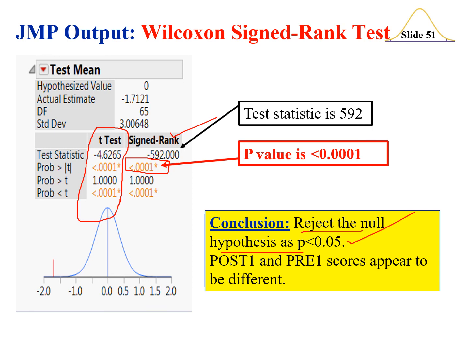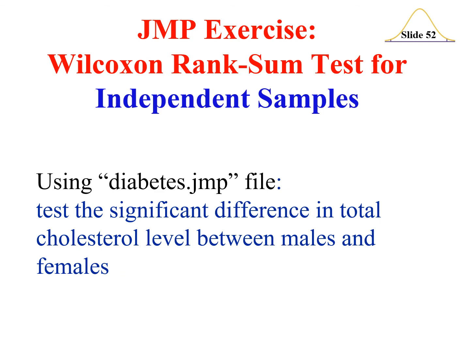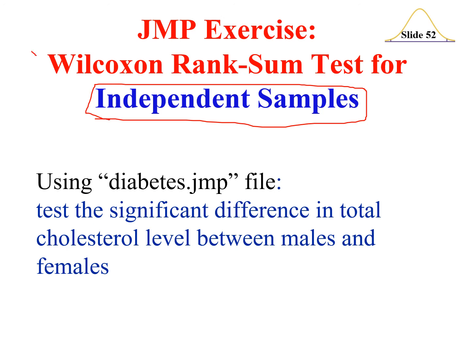The second exercise is about independent samples, and be careful: the test is called the Wilcoxon rank sum test in this case. Okay, we have a file of diabetes, and we are going to test the significant difference in total cholesterol level between males and females. We have two independent samples, males and females.